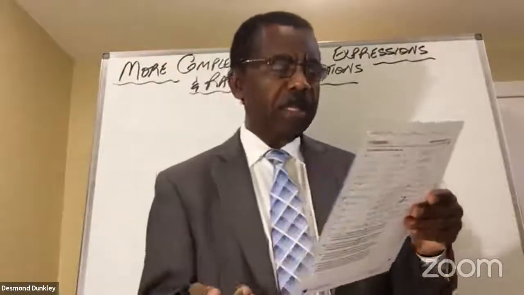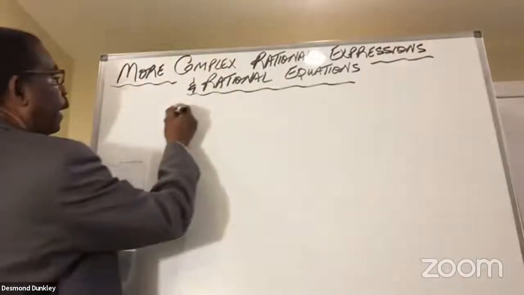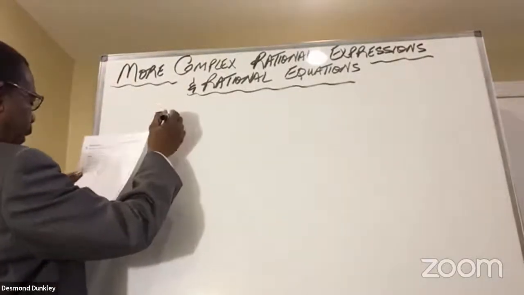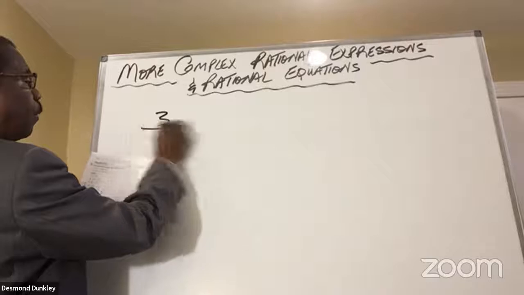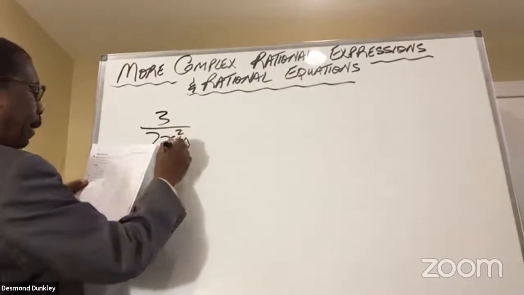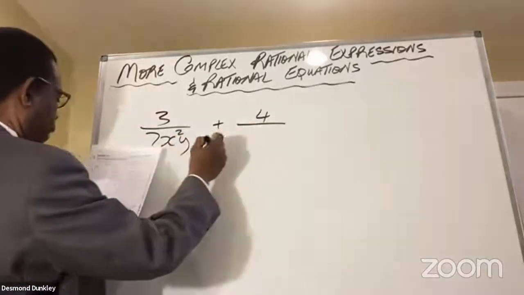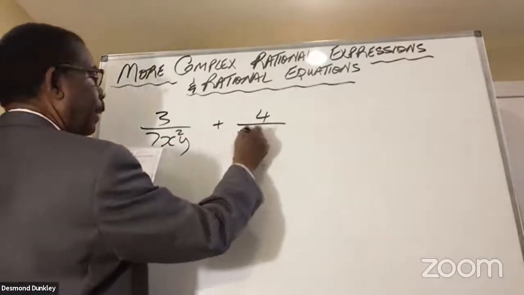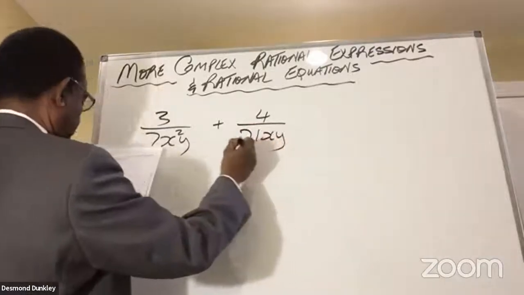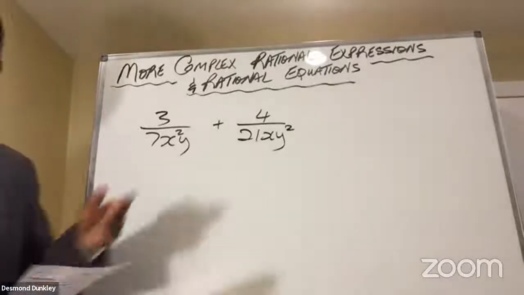I will start with something like this. If you were given 3 over 7x squared y plus 4 over 21xy squared, and you're asked to simplify that.